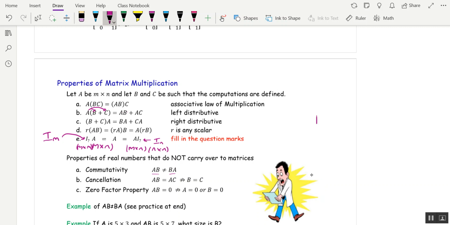Let's go 1, 2, 3, 4, 5, 6. There's my A. And I want to multiply by a matrix on the left to get A again. I claim that over here, I'm going to put the 2 by 2 identity: 1, 0, 0, 1.